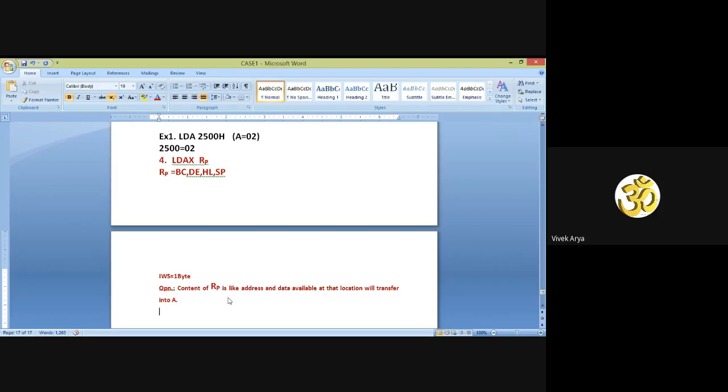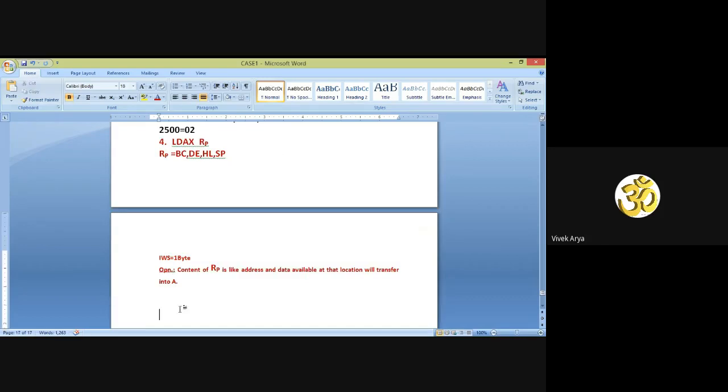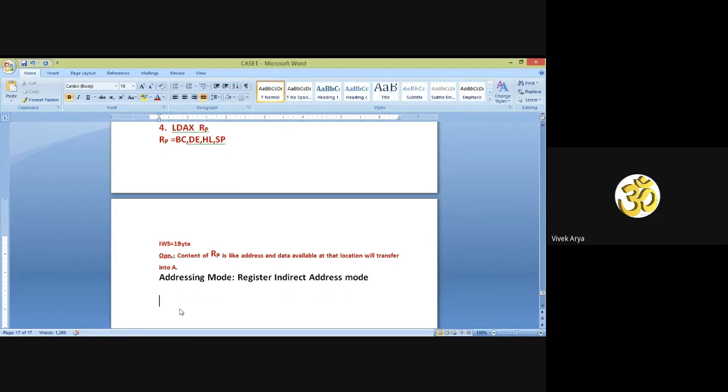Can you tell me the addressing mode? What addressing mode is possible in this case? Register indirect addressing. Exactly. Register indirect addressing mode is possible only.